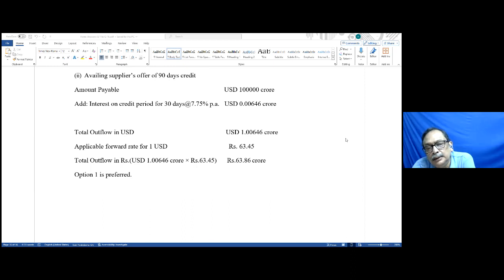And you will say that, sir, the paper was very lengthy. But at the final level of CMA, what is needed? Accuracy, perception, speed, and time management in the examination hall. So that is very, very important.